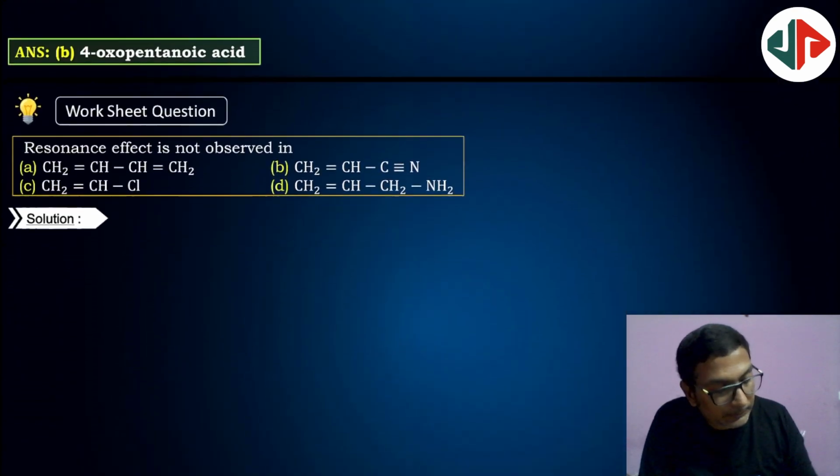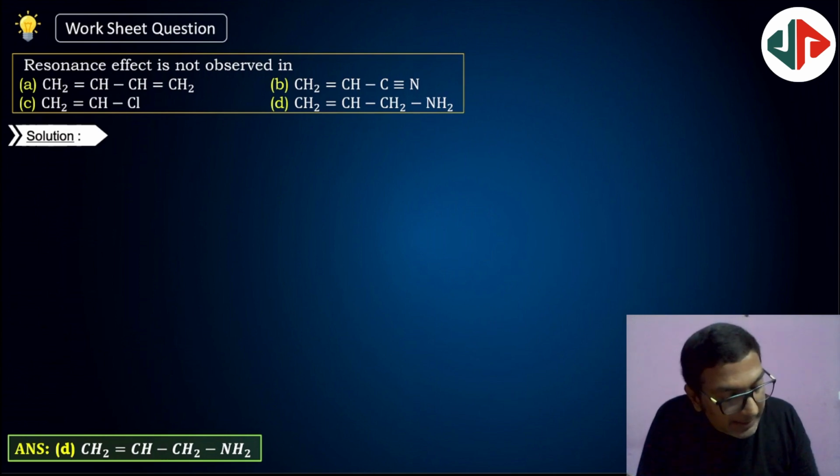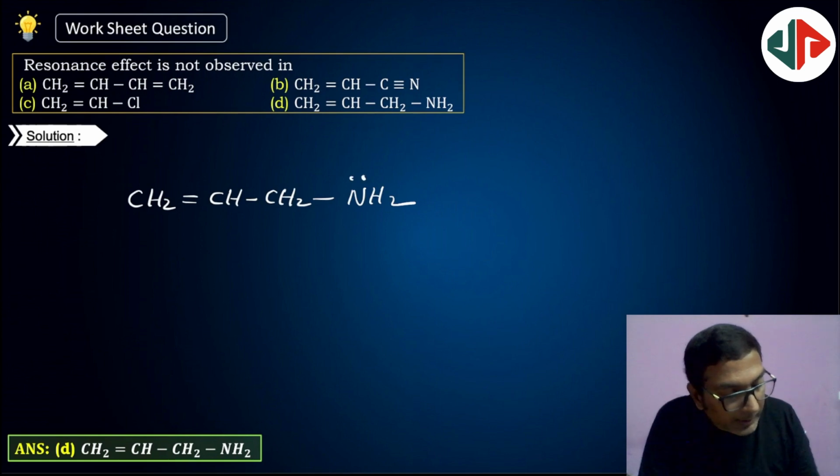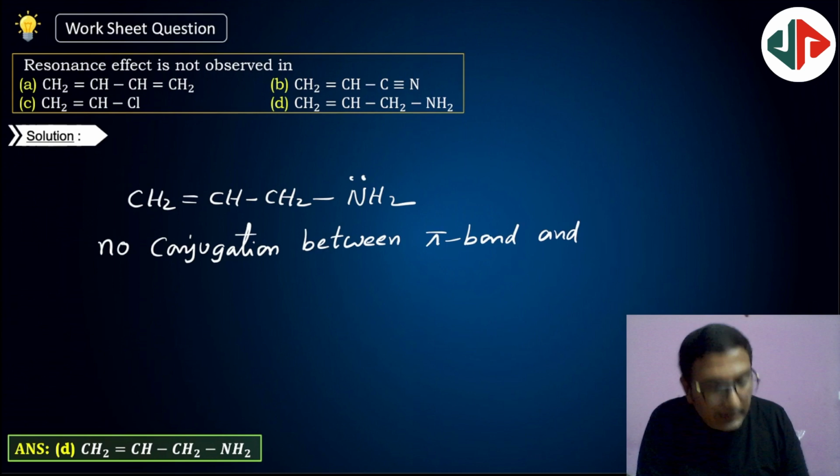Next. Resonance effect is not observed in which? In A, B, C there is conjugation, but in D, CH2, CH, CH2, NH2, there is no conjugation between the pi bond and the lone pair.